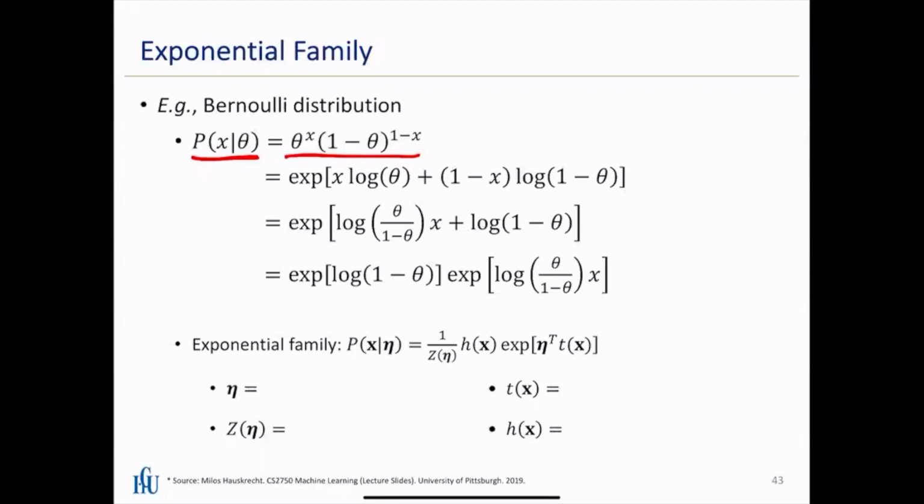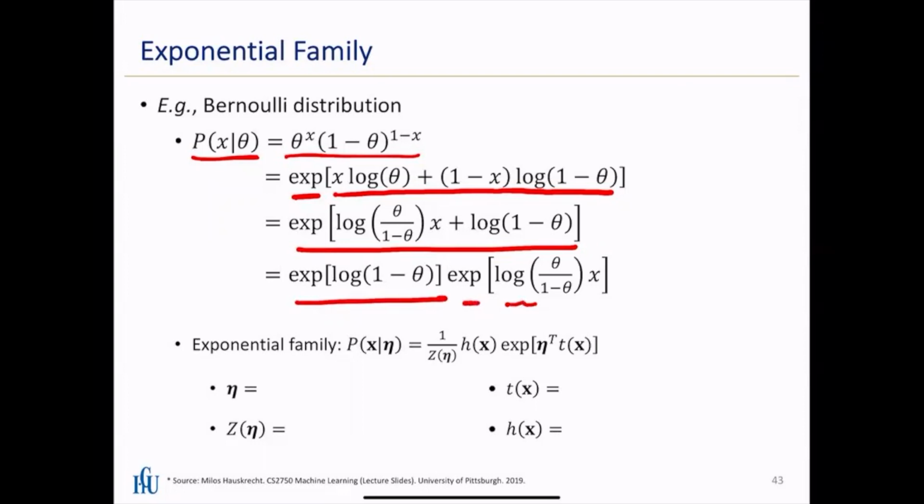If you do so, we put exponent on the outside, and inside we can represent the same equation: x log zeta plus 1 minus x log 1 minus zeta. And it can be readdressed like this. Eventually we can sort things out, one exponent term and another exponent term.